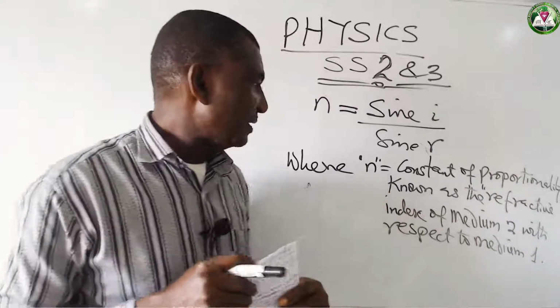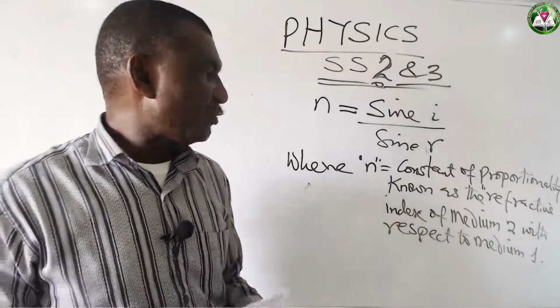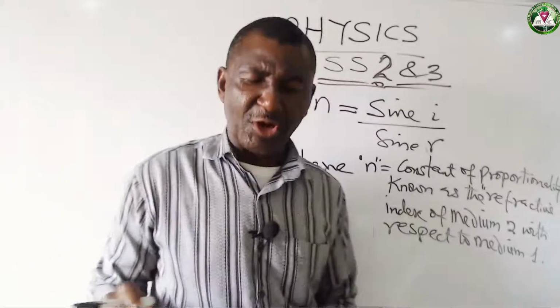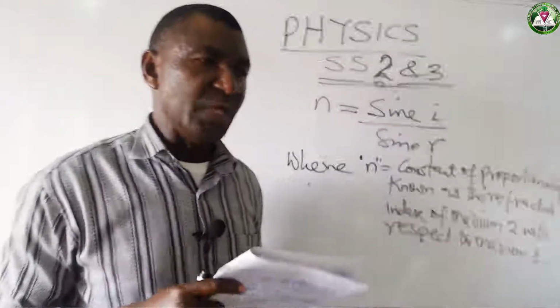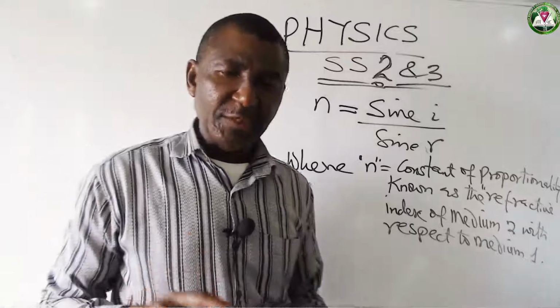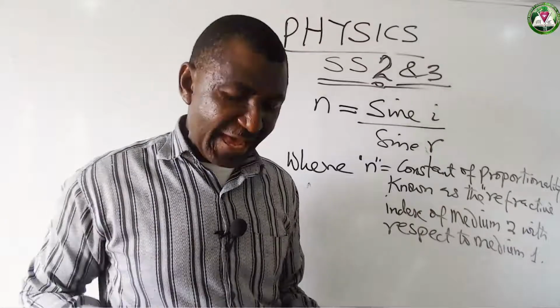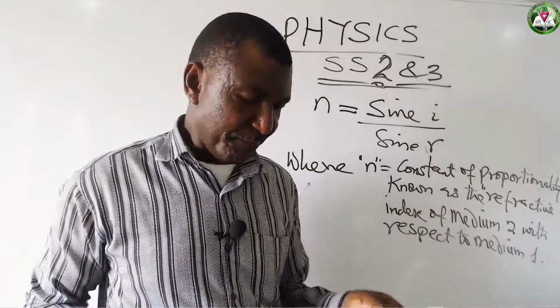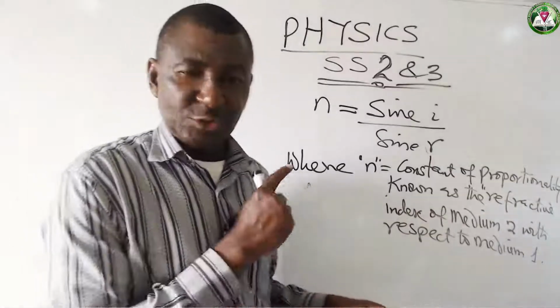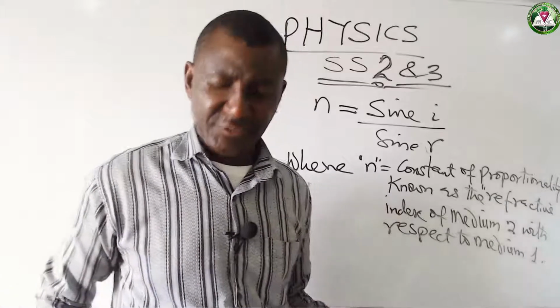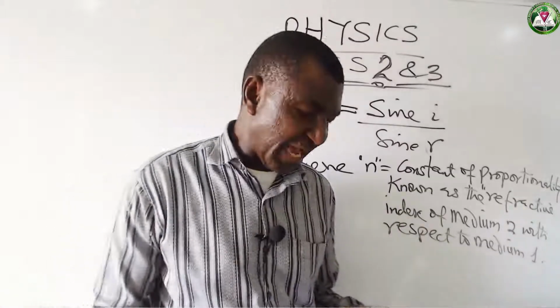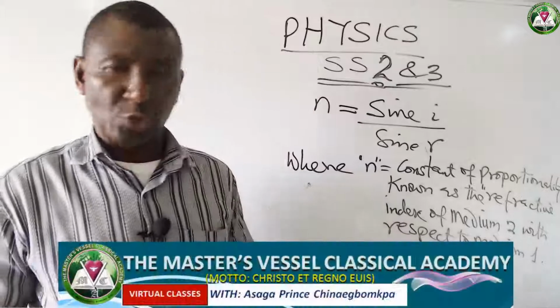So that is what we mean: the refractive index of medium 2 with respect to medium 1. The glass is the second medium while air is the first medium. I said this law is very, very important and is known as Snell's law.